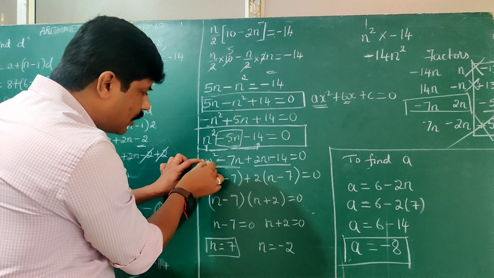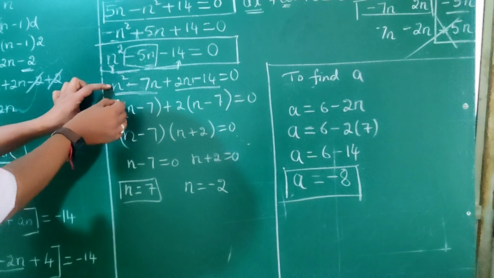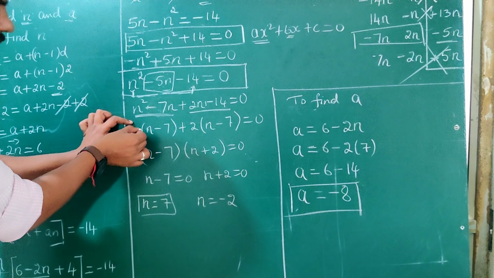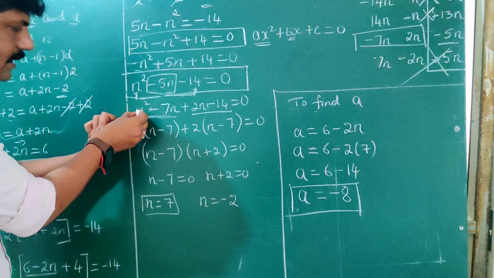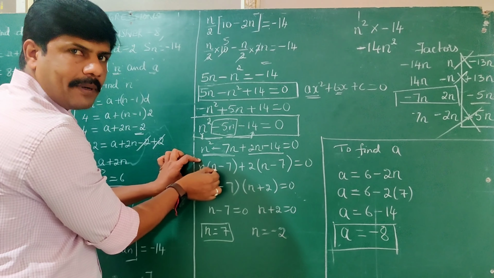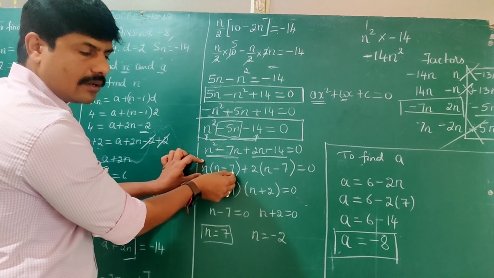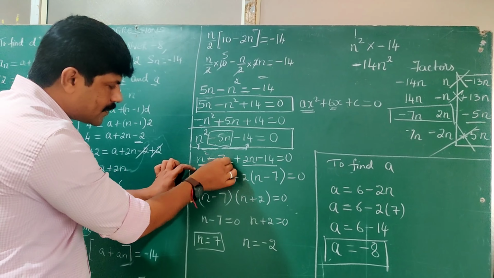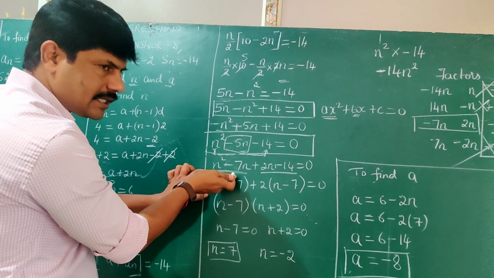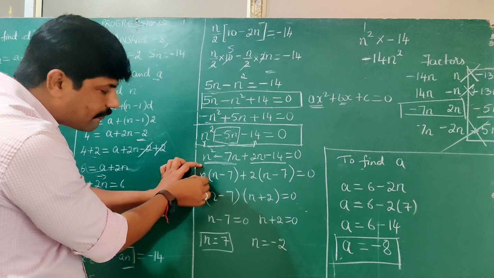So if I remove n here, in both the cases n is common, so this one common factor is removed. After removing the common factor, what remains is n, and 7. Therefore, this particular step becomes n into n minus 7.